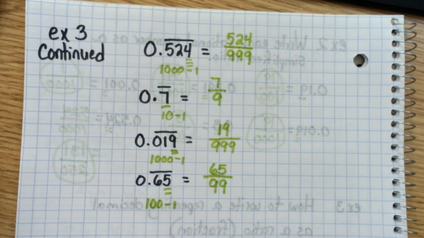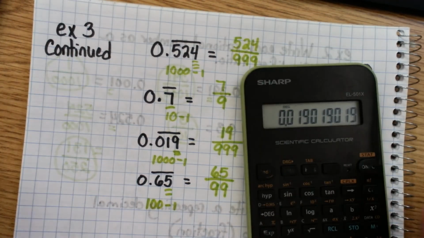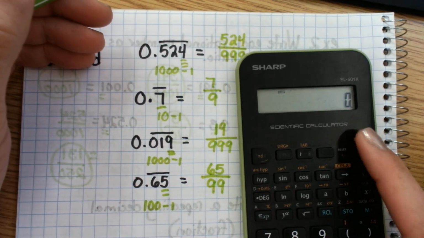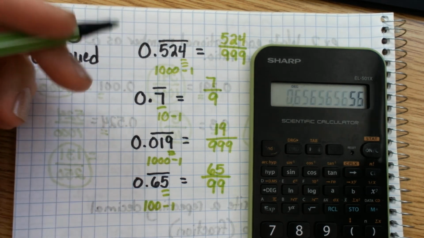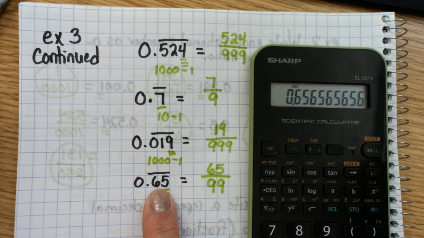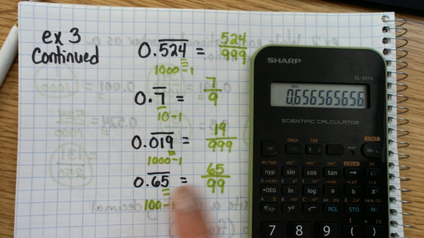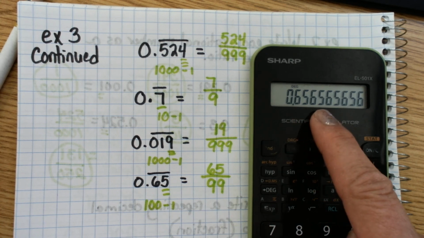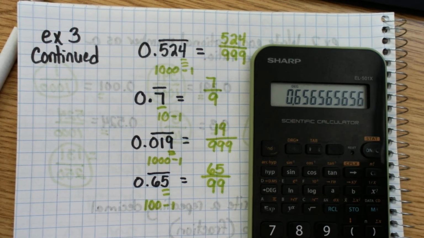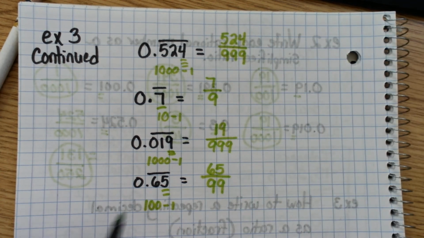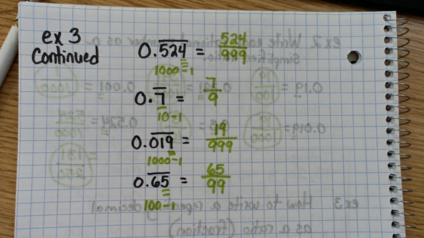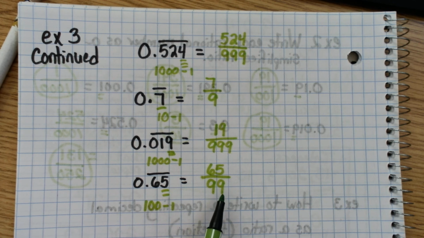So as a ratio, this would be 65 99ths. Let's check that. 65 divided by 99, and it equals 0.65 repeating. 0.65, 0.65, 0.65, etc. And there you have it, how to change a repeating decimal into a ratio.